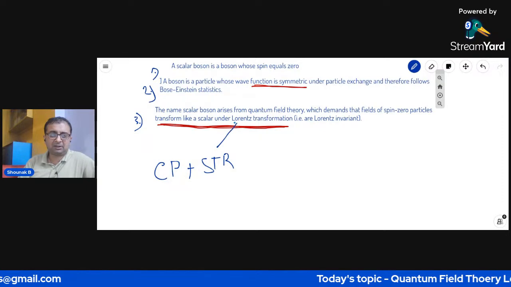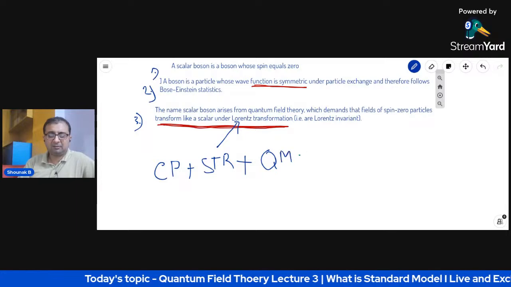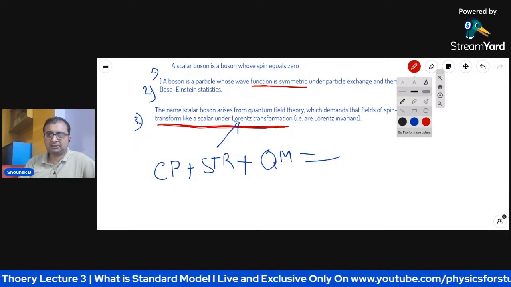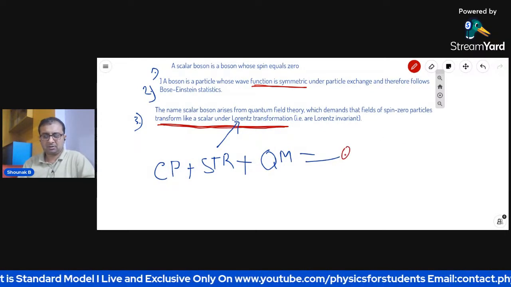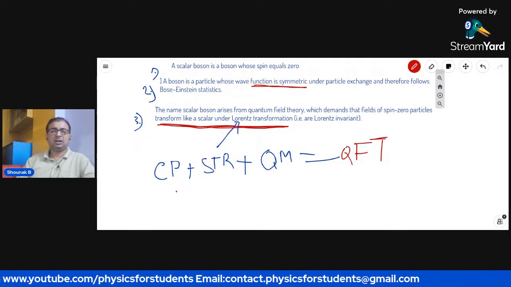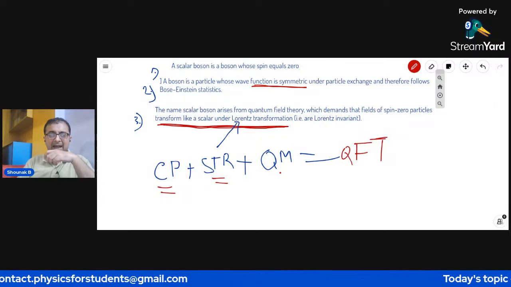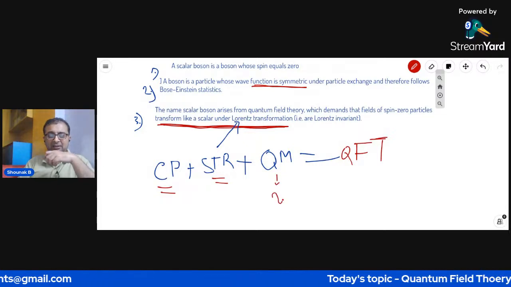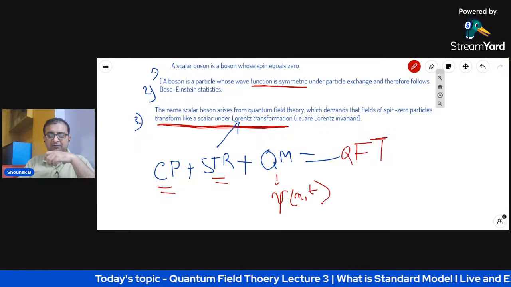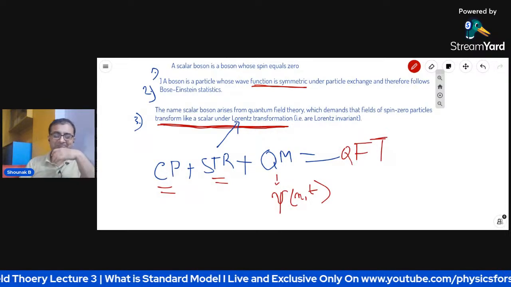The STR, the Lorentz transformation, gets unified with quantum mechanics, which results in what we call quantum field theory. So we have classical physics, the Lorentz transformations of special relativity, and we apply them to the quantum mechanical wave function with 2 variables, and what we get is quantum field theory.